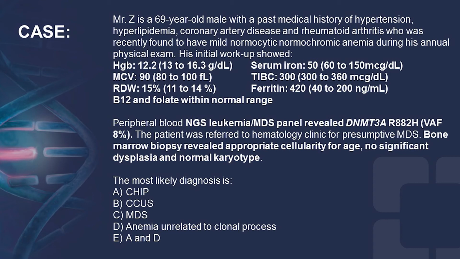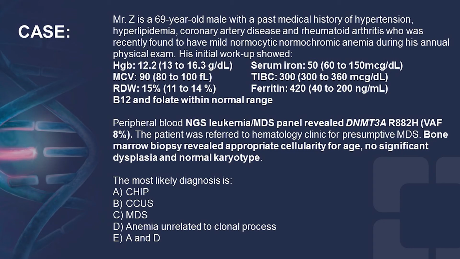The B12 and folate were done, and they were within normal range. And you also have iron studies, which showed low normal iron with low normal TIBC and elevated ferritin.